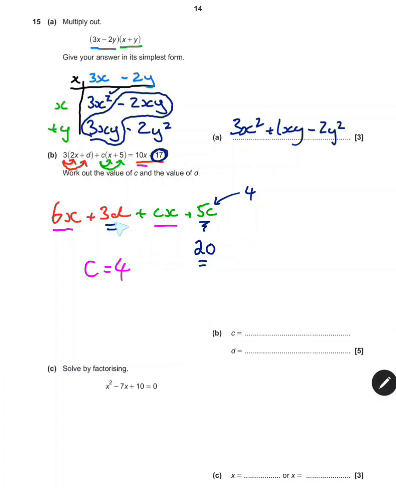Well, 20 and something makes 17. This altogether must be minus 3. 20 and minus 3 makes 17. And in order to make this minus 3, D must equal minus 1. 3 times minus 1 is the minus 3 that I need.